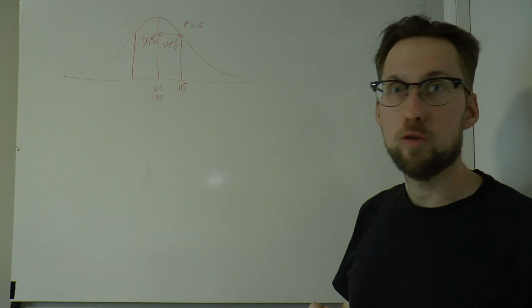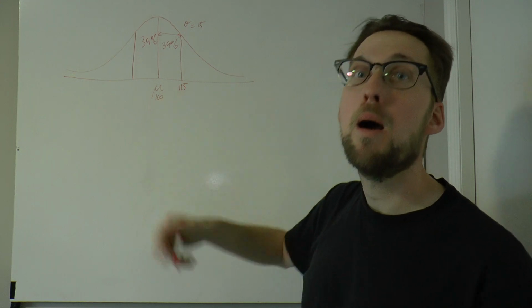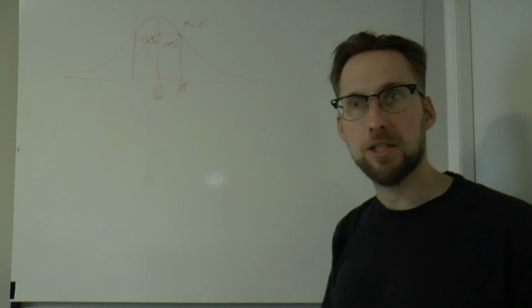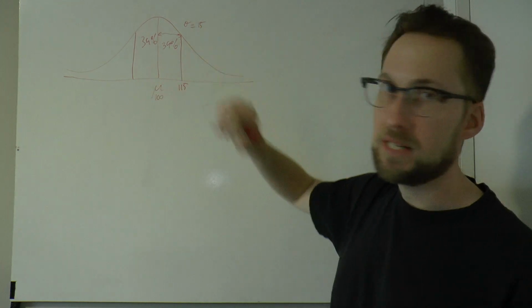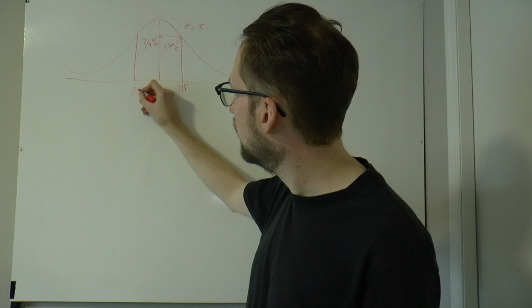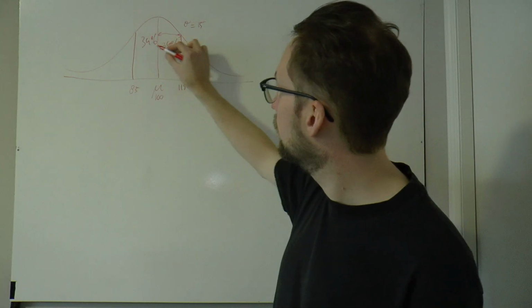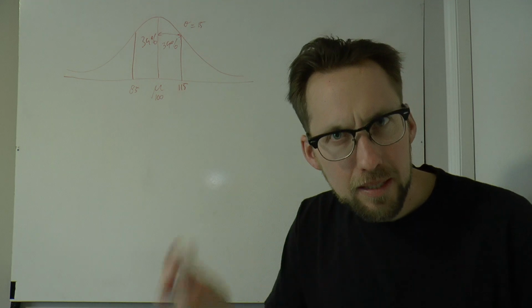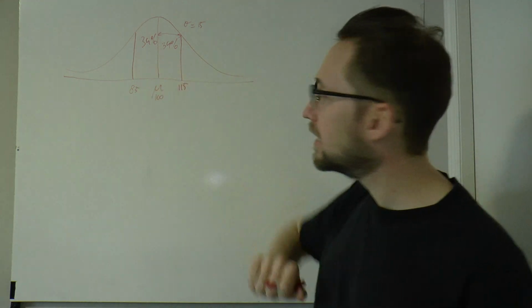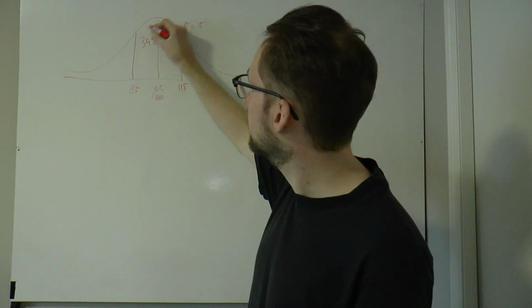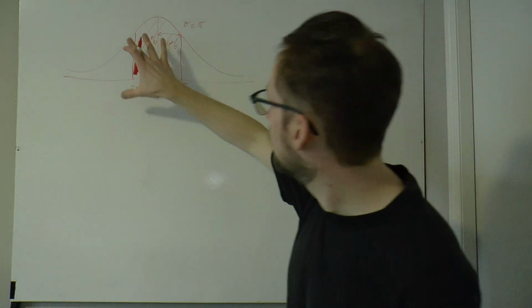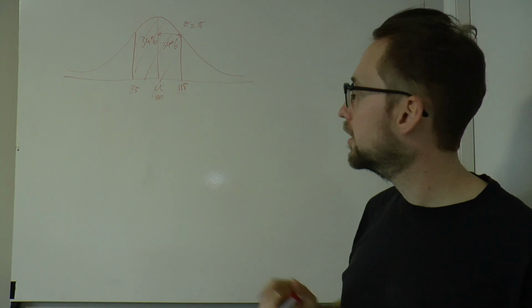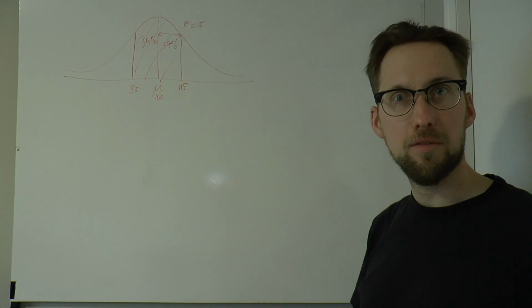This is not difficult math. 100 minus 1 standard deviation is 85. Together, I now know that 34 plus 34%, and a couple of decimals, but I'm trying to keep this simple, 68% of participants, of members in the population, I'm thinking in research terms, 68% of the population will have an IQ between 85 and 115.